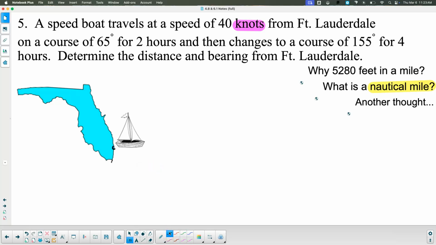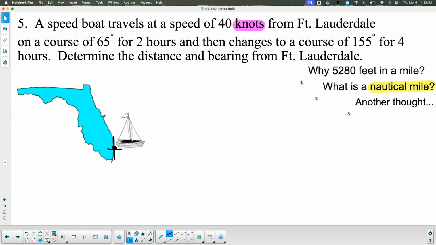All right, so let's start here. We are here in Fort Lauderdale, right there. 40 knots, it's traveling on a course of 65 degrees. So I got to make myself a little compass there.